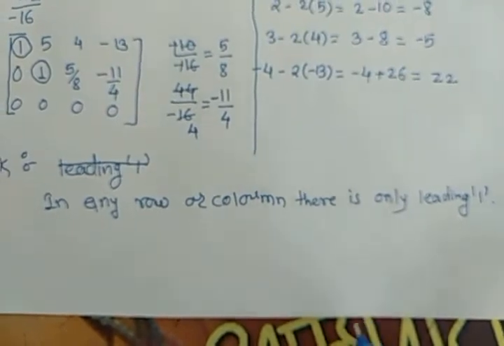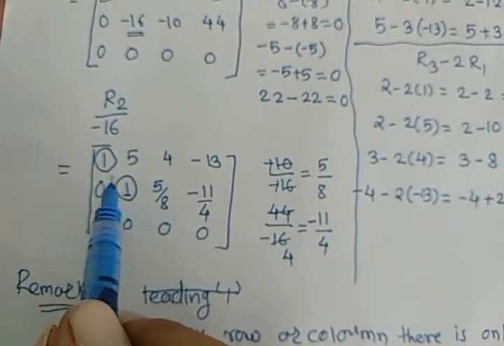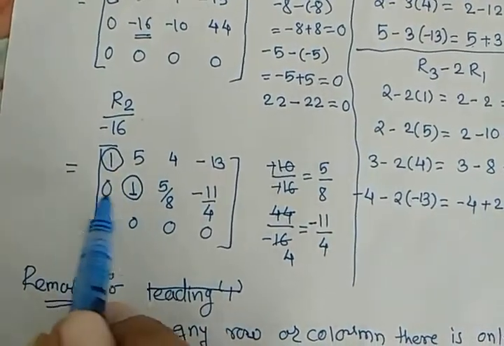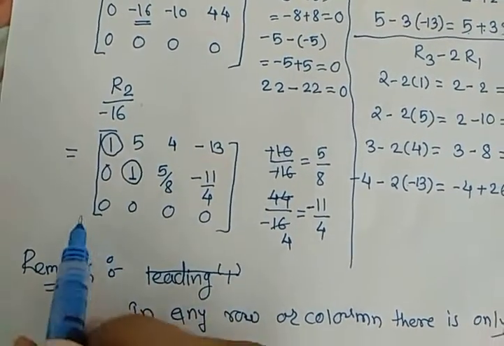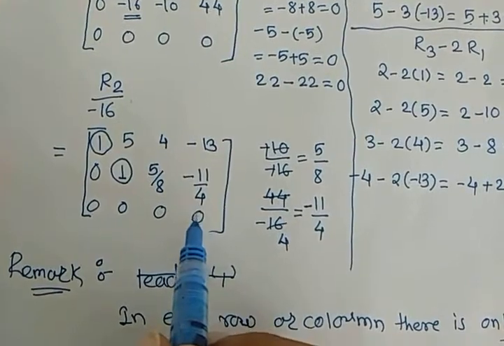That means you have only one leading one present in a row or in that column. For example, the first row contains only one leading one, the second row contains only one leading one, and the third row is all zeros, so it does not contain any leading one.